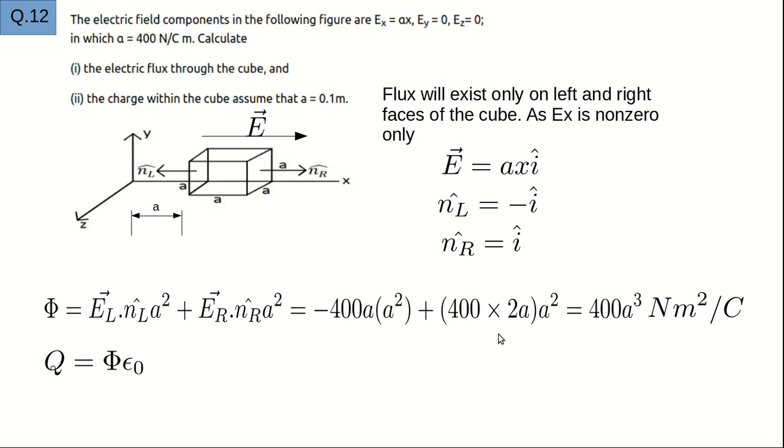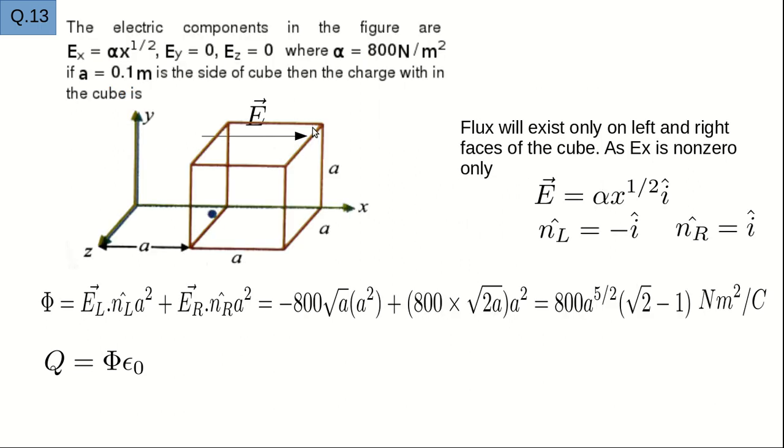So 400a and 400 into 2a, and if you do this calculation, you will get 400 a cubed Newton meter square per coulomb. Then flux is basically Q by epsilon naught, so if you multiply phi with epsilon naught, you will get the charge within the cube.